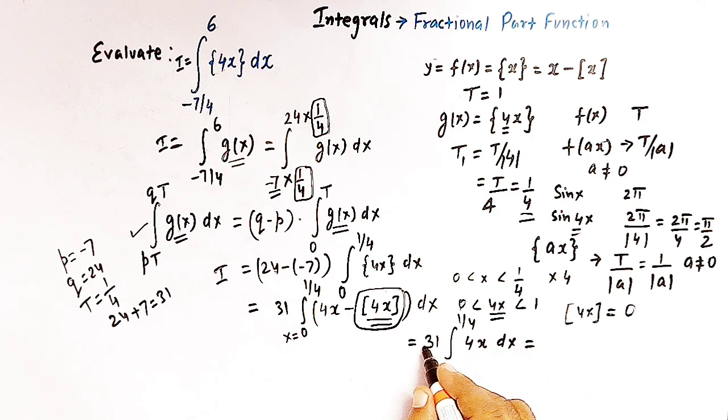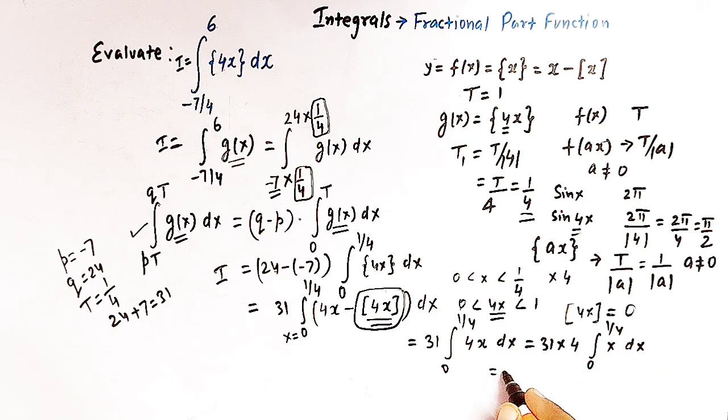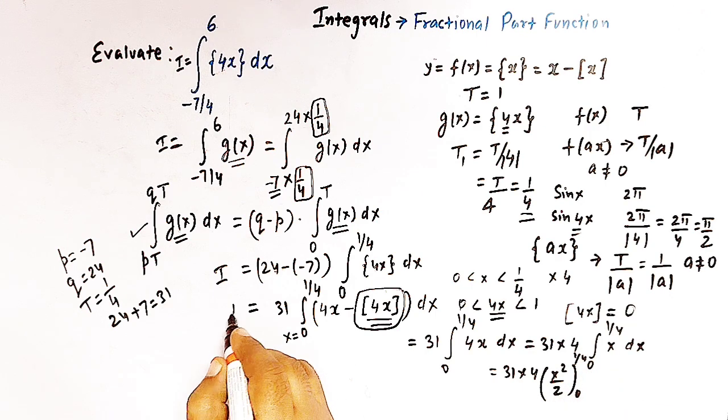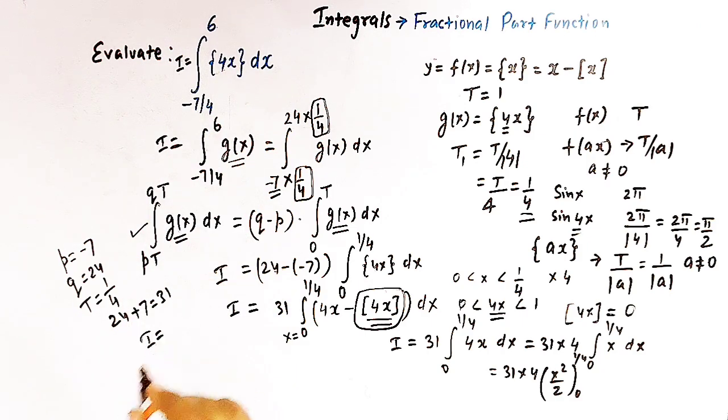Now we can take 4 outside the integral, so we have 31 times 4 times the integral from 0 to 1 by 4 of x dx. The integral of x dx is x square over 2, and the limits are from 0 to 1 by 4. So the value of this integral I can now be written as 31 times 4, and we substitute the limits and take the difference.